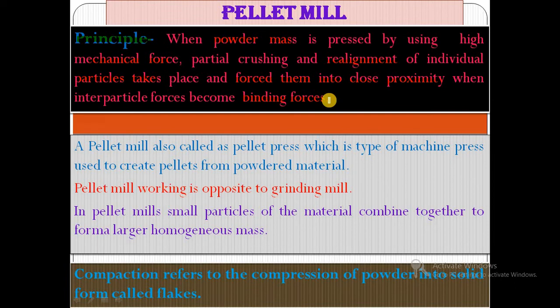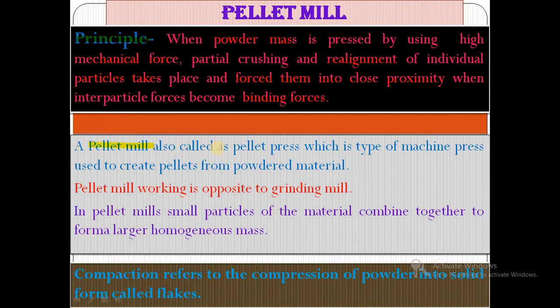By using this pellet mill technique, very fine powdered mass material is pressed, that is, pressure is applied by using the instrument, and the dust particles are converted into uniform shape and size particles which we require. So this is the main principle of pellet mill.